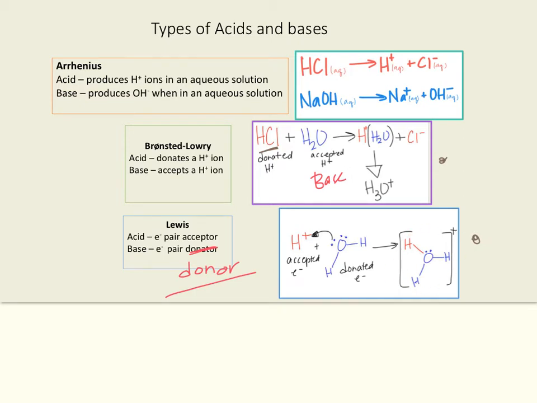So this definition allows us to add more things into the definition of an acid or a base, some salts and things like that, that would not necessarily work this way, but does change the pH dramatically.